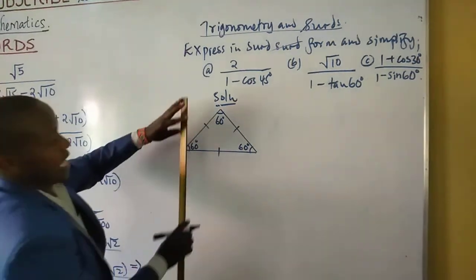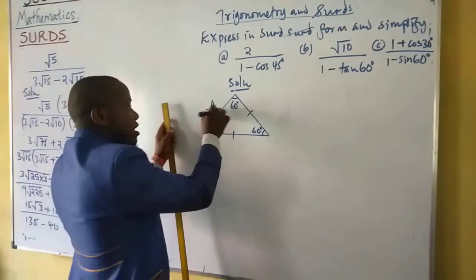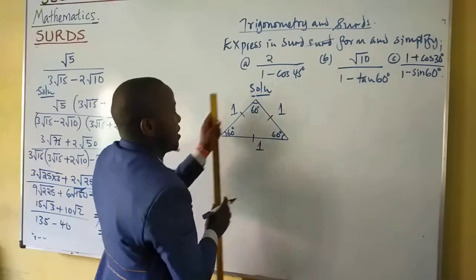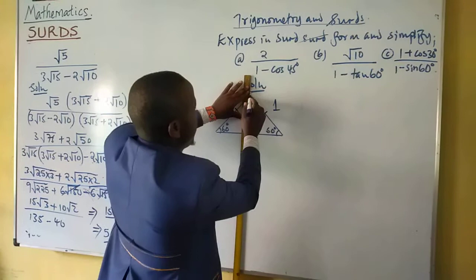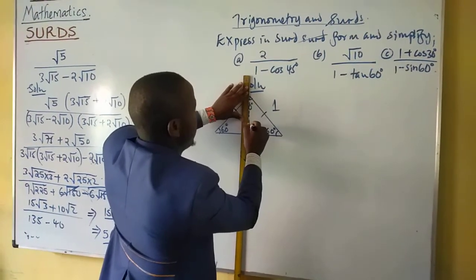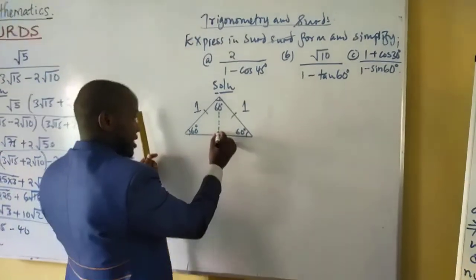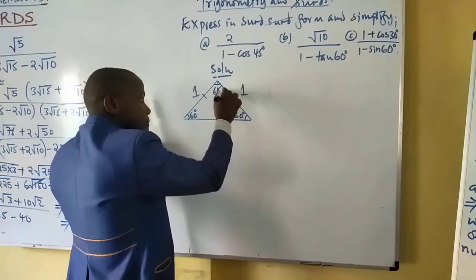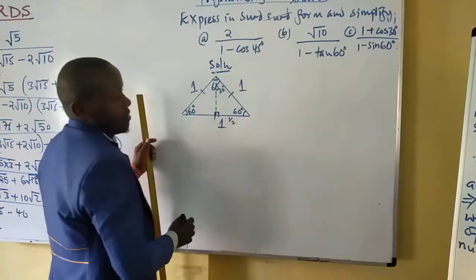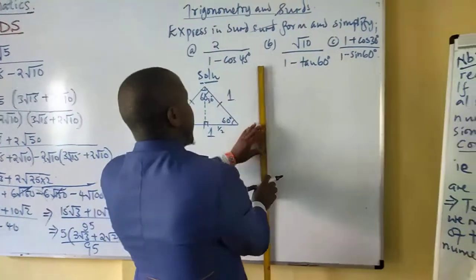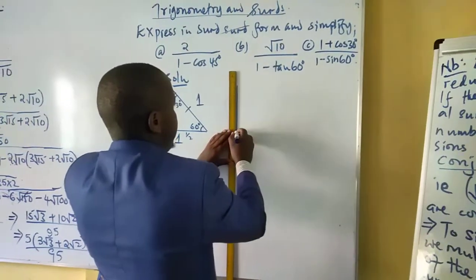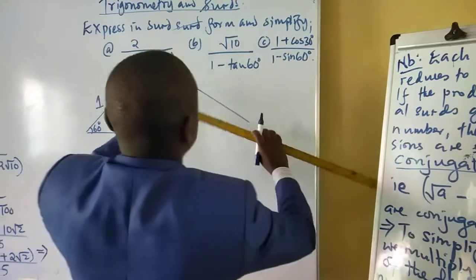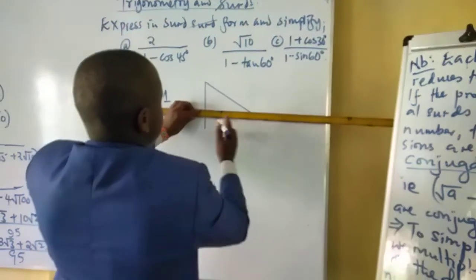Therefore, what we do is a unit triangle, meaning each side is just one unit. Therefore, what we do, we bisect this angle, automatically bisecting this side, meaning now this angle has become 30 and this side has become half. And therefore, with that now, we can extract the trigonometric ratios for the special angles 60, 30, and 45.